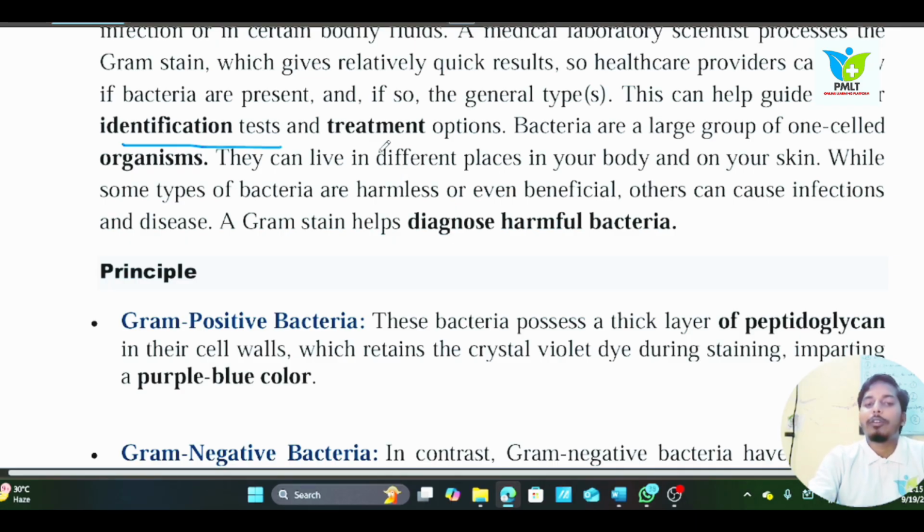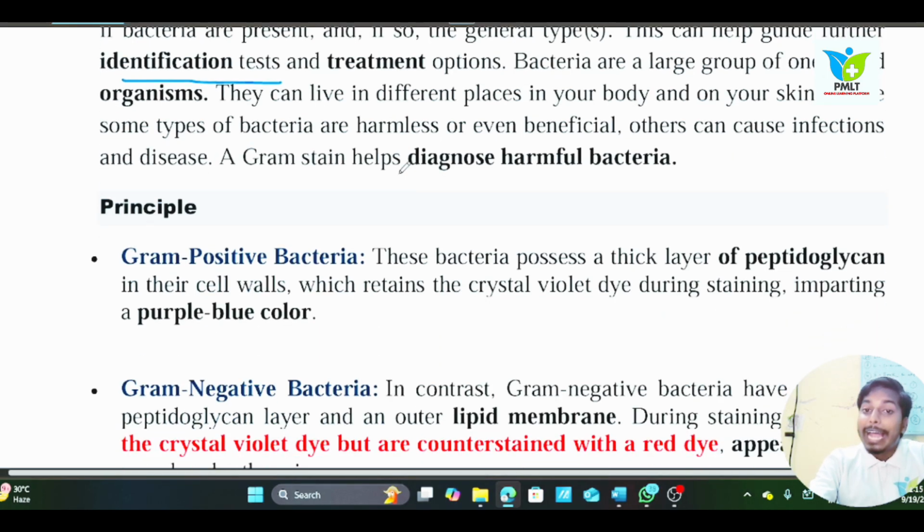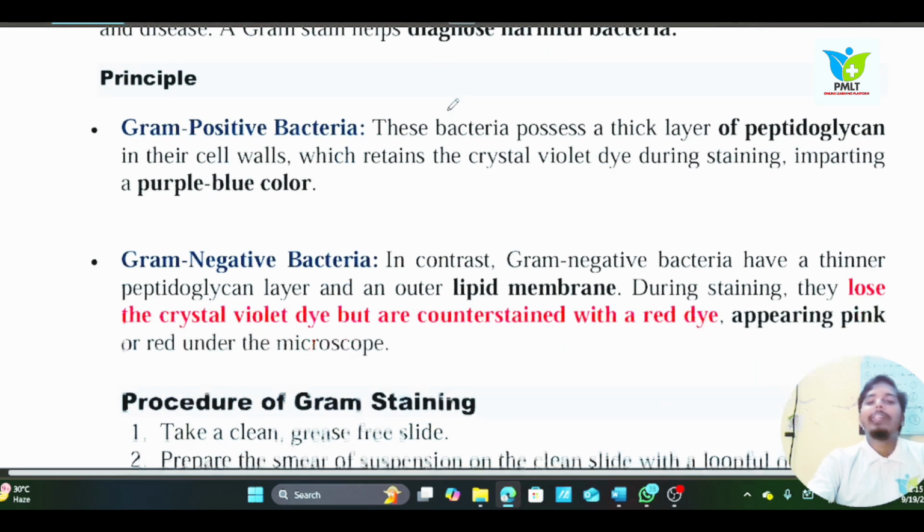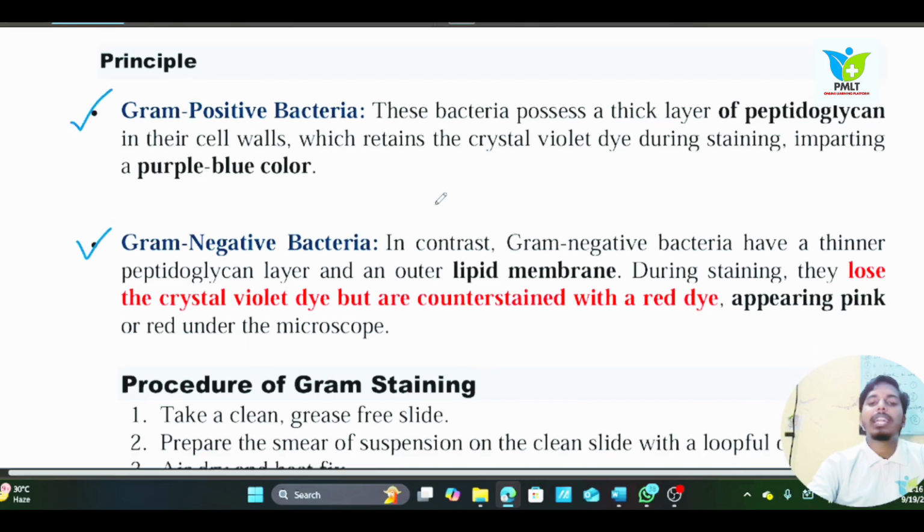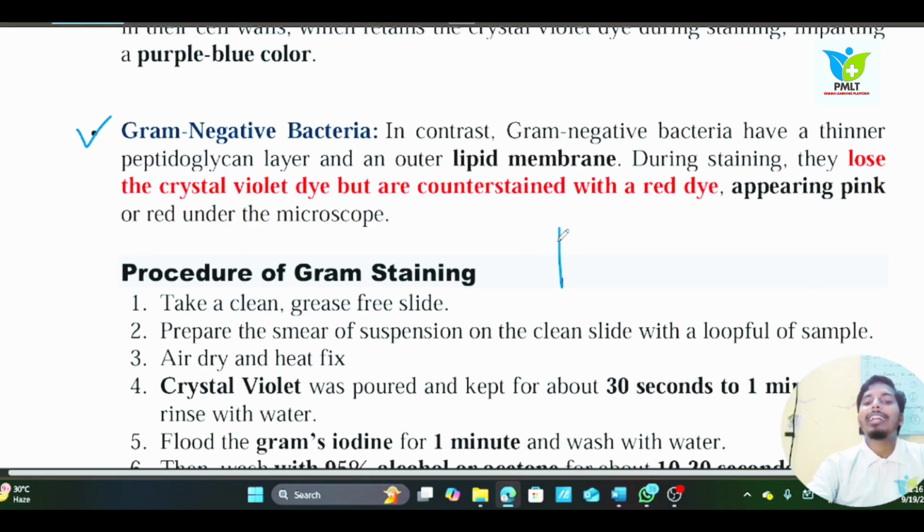To diagnose or identify the bacteria, we have to do the gram staining. In the previous class, I already told you that there are two types of bacteria: one is gram positive and the other is gram negative. Let me explain the difference between gram positive and gram negative. Yesterday I already discussed this.